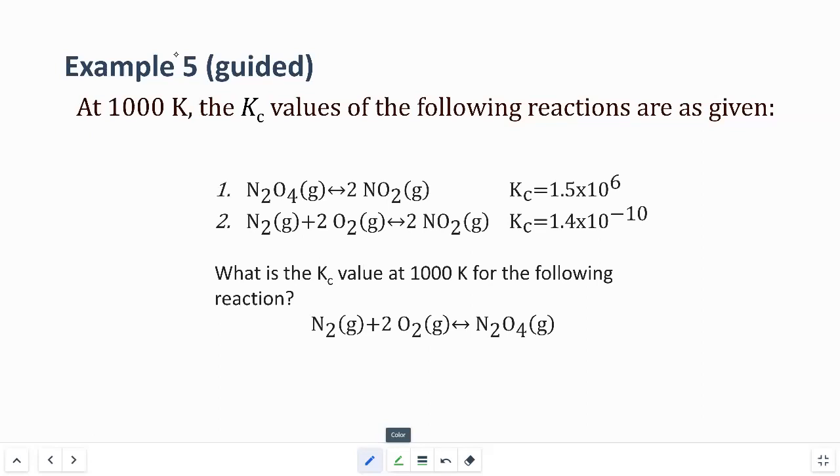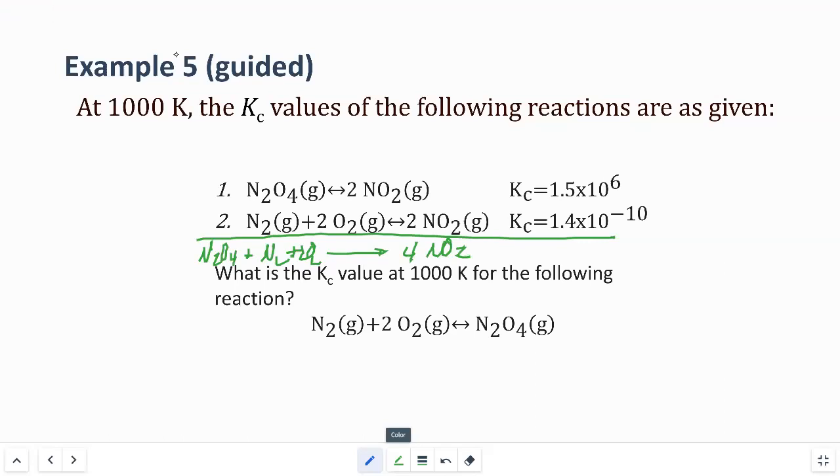If I add these two equations together, what I end up getting is N2O4 plus N2 and O2 O2s give 4 NO2s. That's not the reaction I'm looking for.